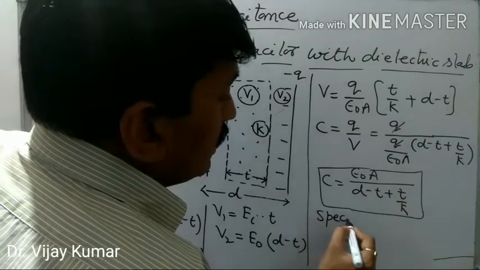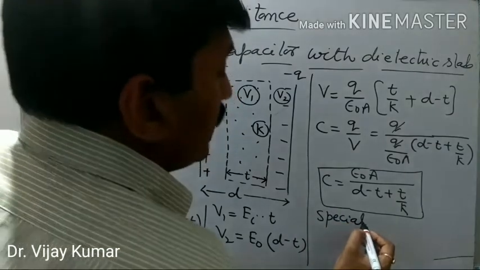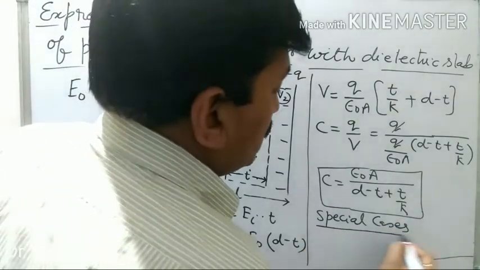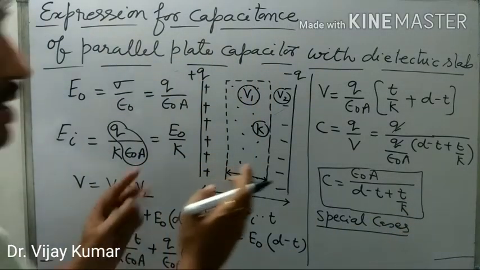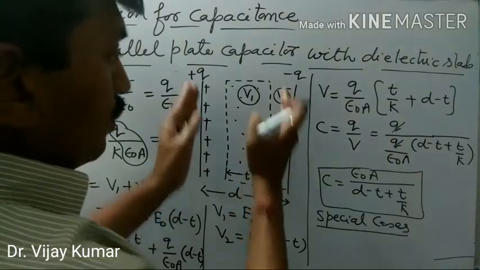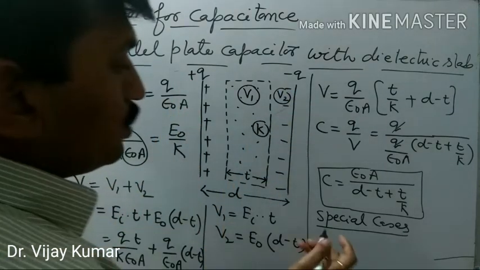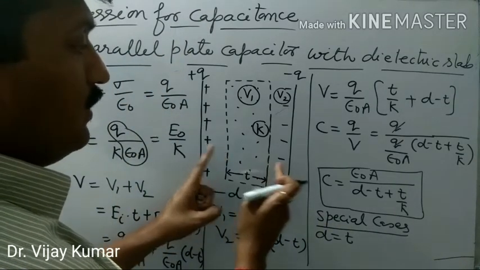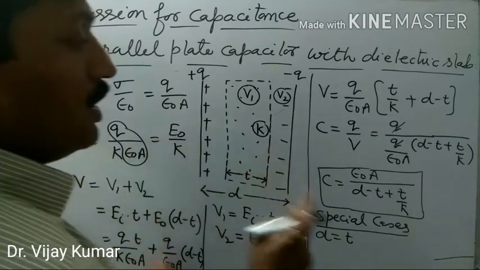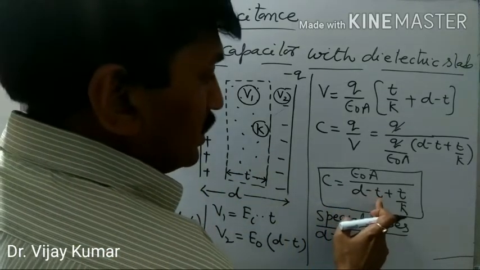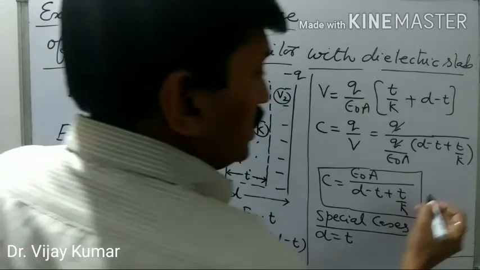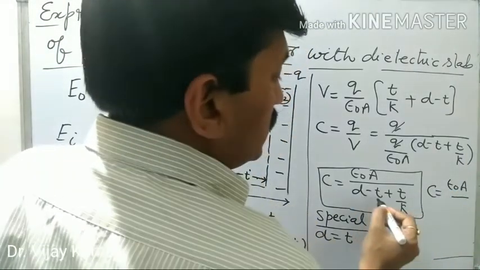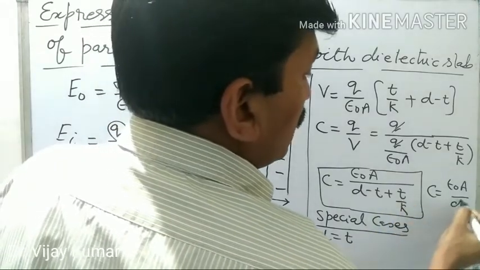Now we determine the capacitance of a capacitor in special cases. Number 1: if the dielectric is filled in the whole space, it means T is equal to D. Now D minus T cancels out and becomes 0, and C becomes epsilon naught A upon (D upon K).